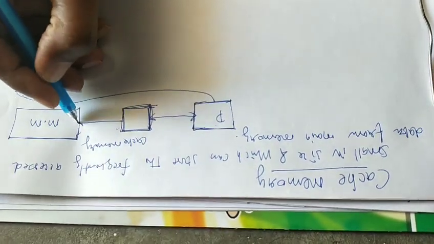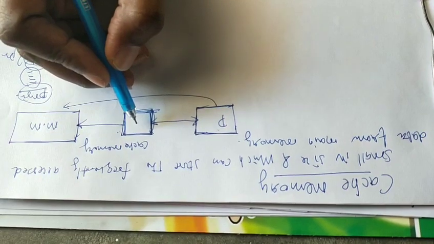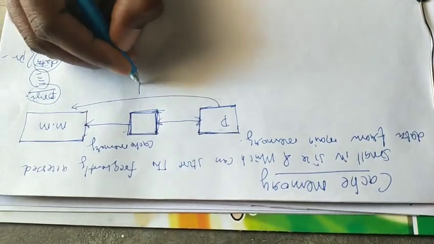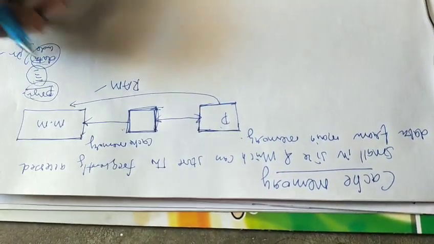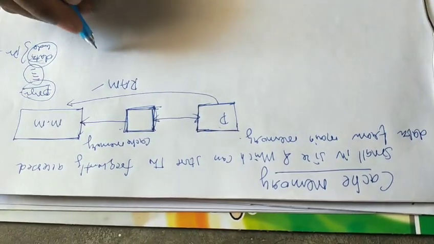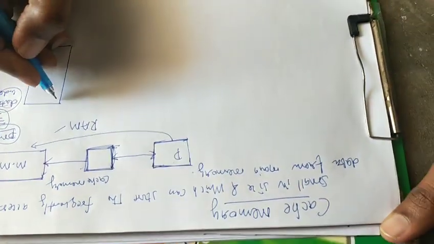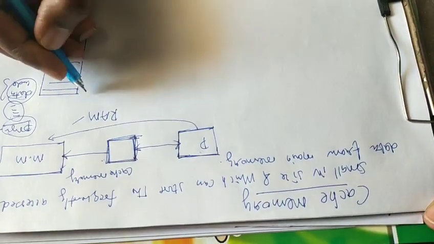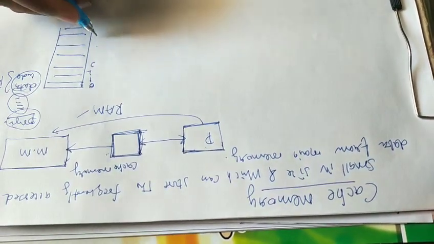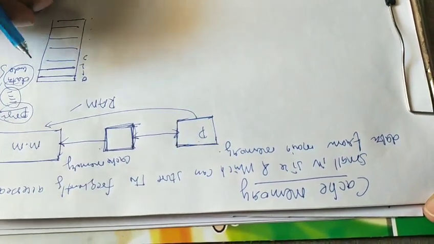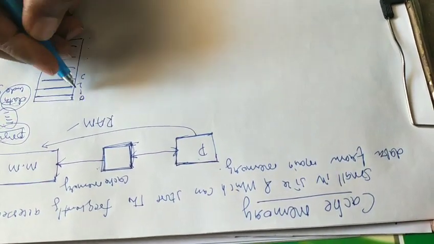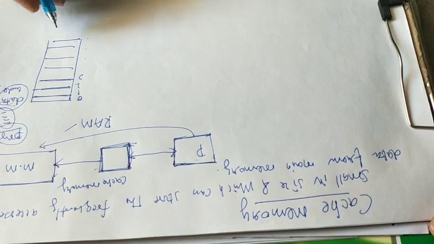Also, the cache memory is small in size. Basically, cache memory and main memory are both under the category of RAM, random access memory. By definition, in random access memory any location can be accessed. Suppose this is our main memory, which has a number of locations, each with an address: 0, 1, 2, 3, and so on. In random access memory, the processor can access data from any location in a fixed amount of time.